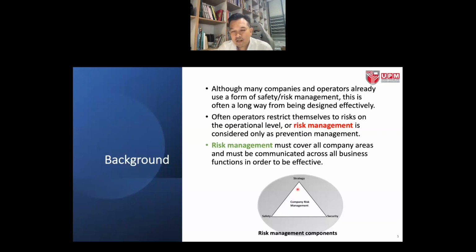So we can highlight the relationship of the company risk management in these simple risk management components, where the components include strategy risk management. We also have safety company risk management as well as security company risk management. So all of these aspects are the essentials of company risk management.